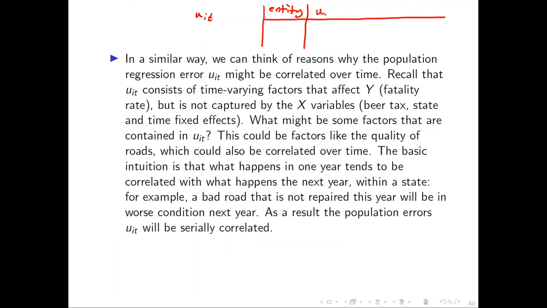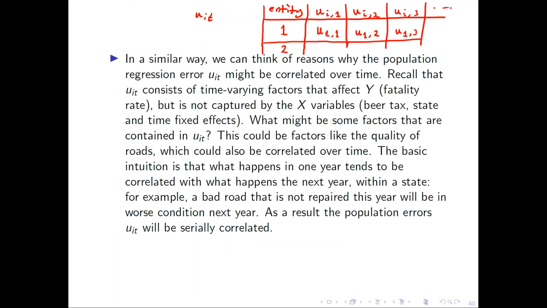So we have u_i1 here for the first time period, the residual for the second time period, and the residual for the third time period, and so on. If we have entity 1 here, then this number would be u11, and this would be u12, and likewise for the third year of residuals.